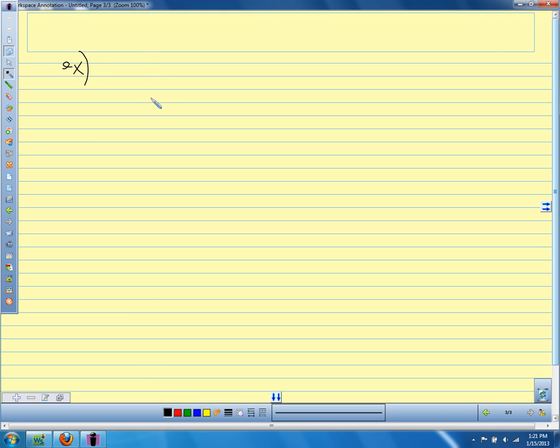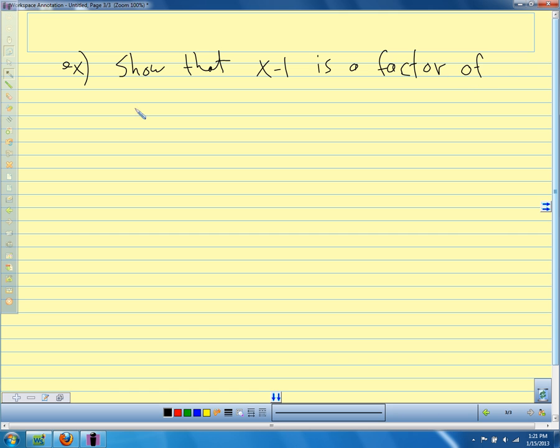We want to show that x minus 1 is a factor of f of x equals x to the fourth minus 1.